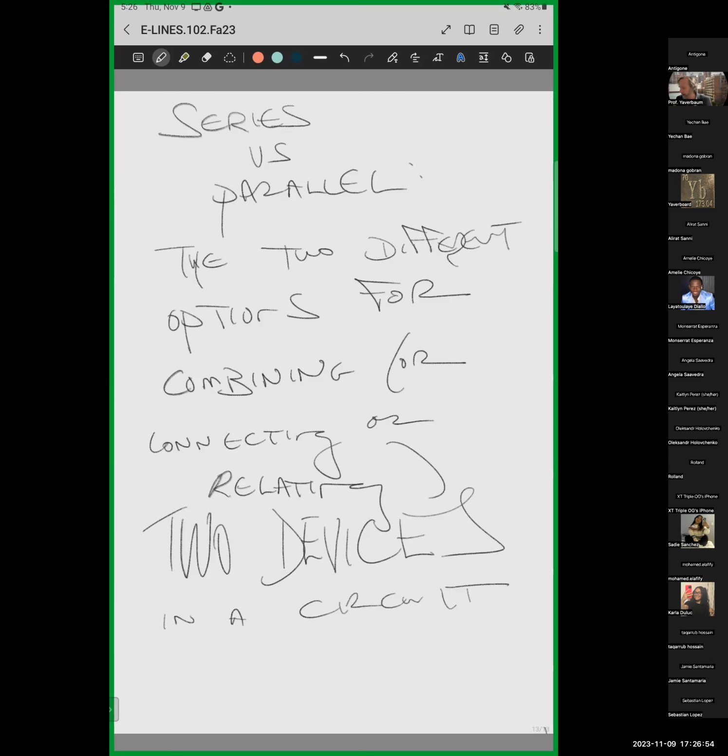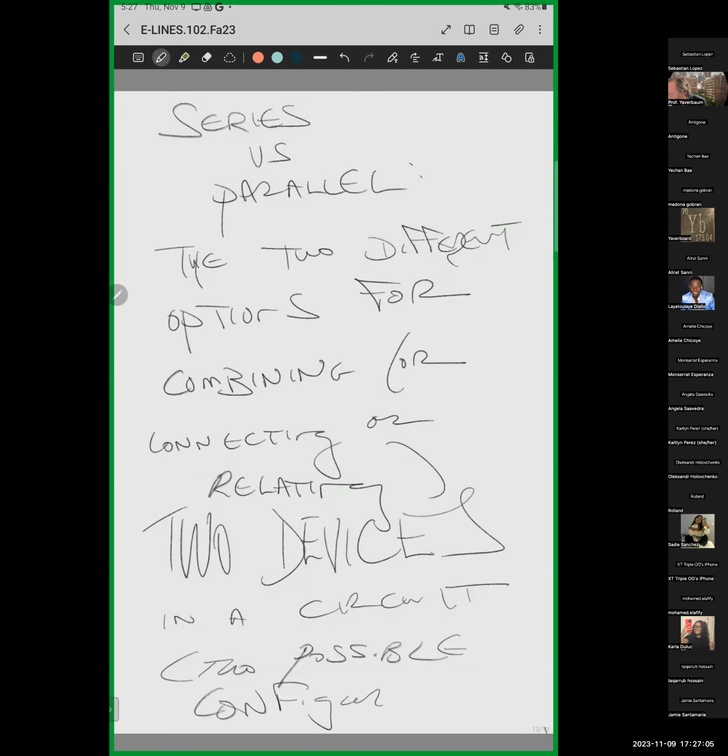Series versus parallel are two different configurations, the two possible ways to configure a pair, any pair of devices. So two resistors or two light bulbs or two doorbells can either be arranged in series or they can be arranged in parallel.